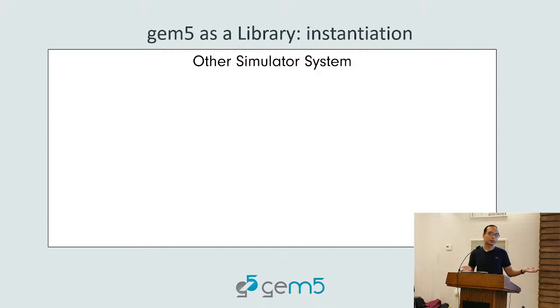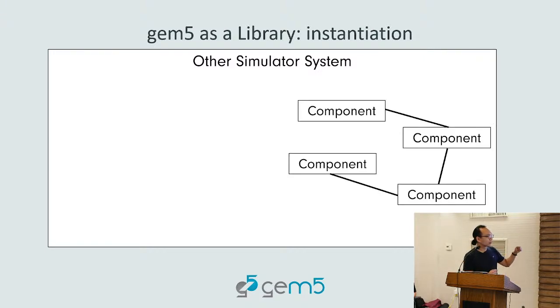So what does it look like when you try to set up a gem5 sim object in another simulator? Assume that the whole thing is the other simulator system, which is the main driver for the simulation. Then you set up the components of the other simulator.